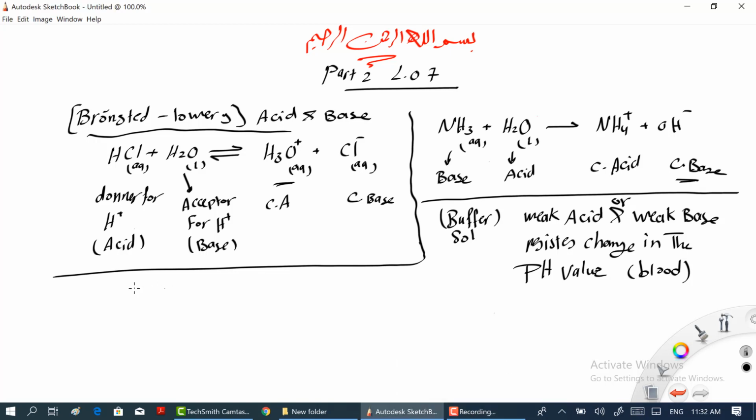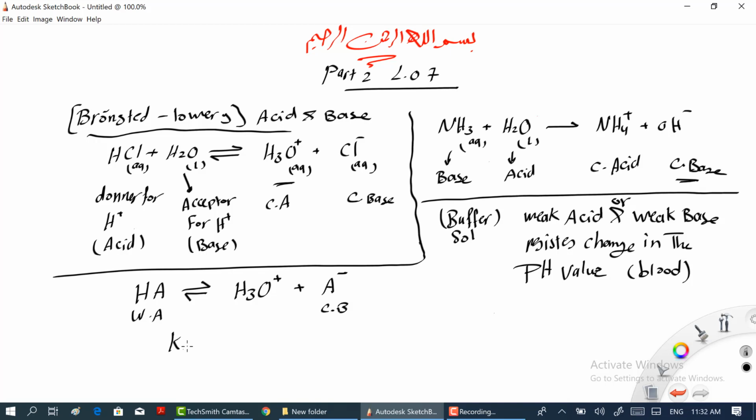Let's consider the buffer as a weak acid like HA. By dissociation, it's giving to us H3O positive plus A negative. HA is the weak acid, and A negative is the conjugate base of the weak acid, so it will be a stronger base.